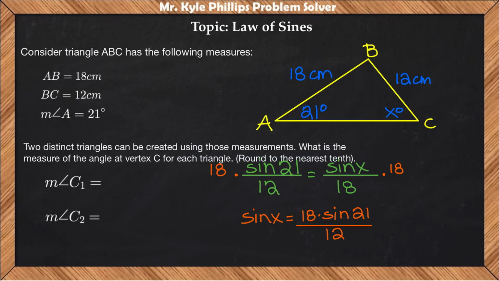And we have x is equal to sine inverse of this fraction, 18 times sine 21, all over 12. So here I'm getting a value of 32.5 degrees.